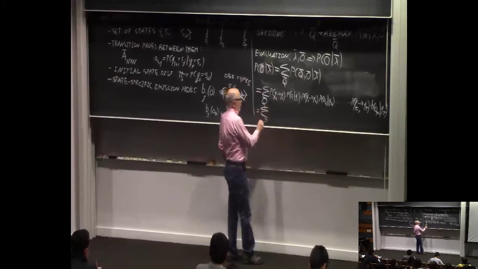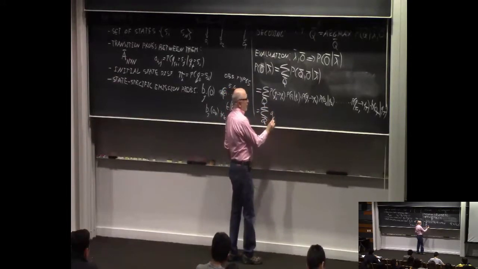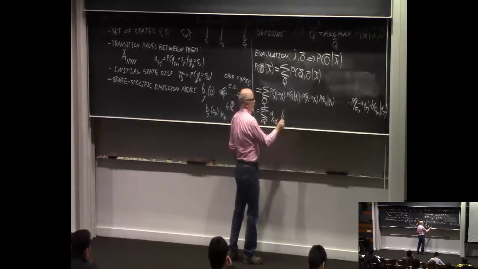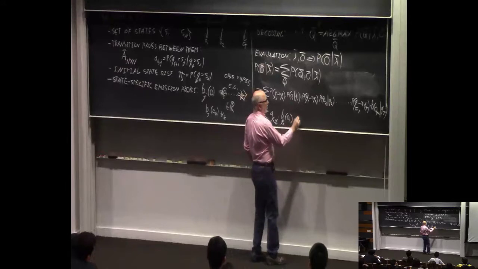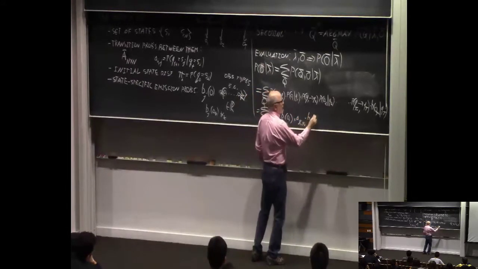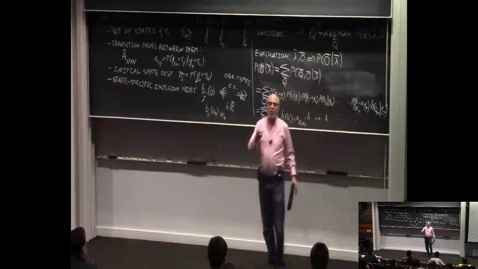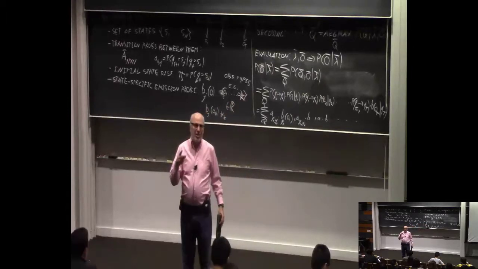This is summation over all possible Qs of A Q0 Q1 times B indexed by Q sub 1 of O1 times A Q sub 1 comma Q sub 2 times B times A times B and so forth. So we're alternating multiplying A's and B's, and there are uppercase T of each one of them.